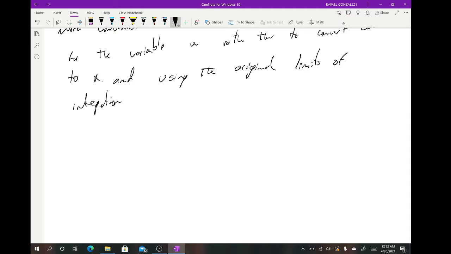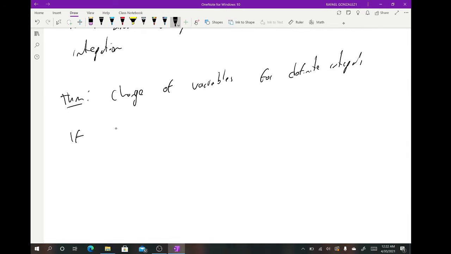So the following theorem is the change of variables for definite integrals.